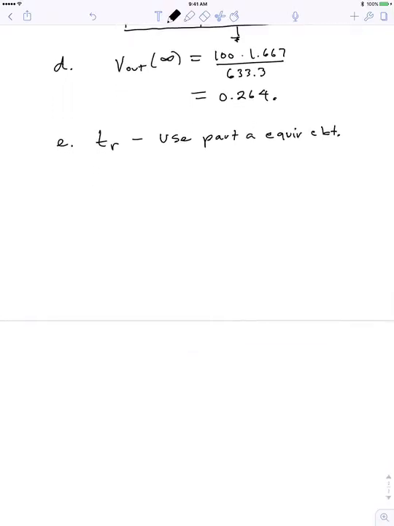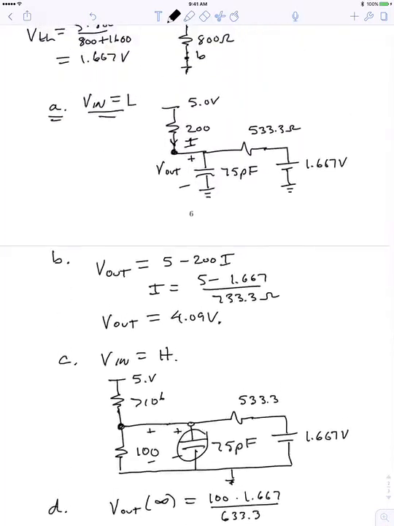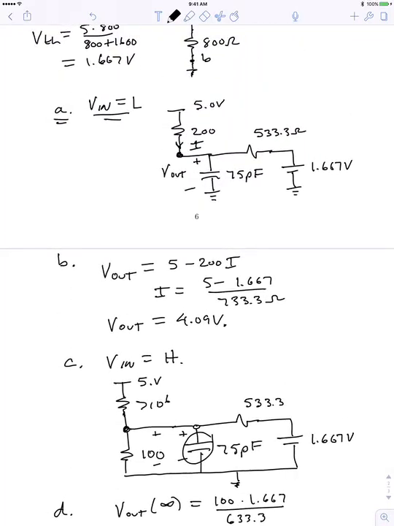And what we're using to approximate the rise time is just the time constant of the circuit. Okay, so the time constant, this is just a simple RC circuit. So it'd be R equivalent times C. And if you go back to part A, we're taking the equivalent resistance with respect to the capacitor, turning off the sources.